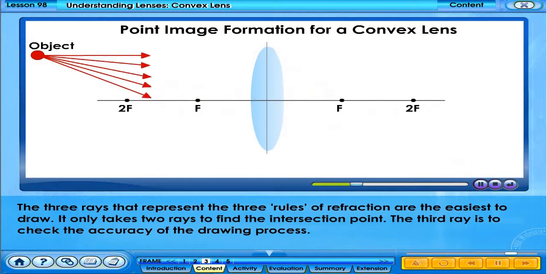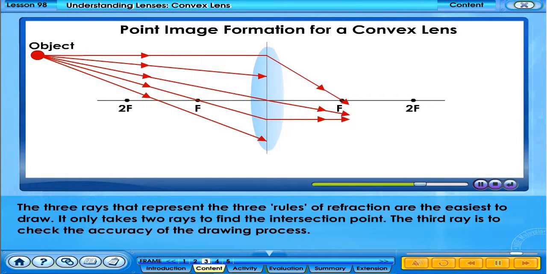The 3 rays that are the 3 rules of refraction are the easiest to draw. It only takes 2 rays to find the intersection point. The third ray is to check the accuracy of the drawing process.